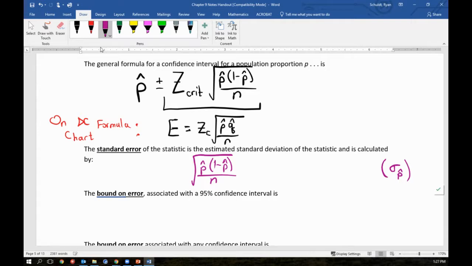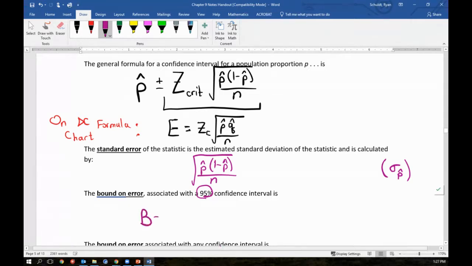Okay, now the bound on the error. The bound on the error is the standard error times your Z critical value. So it says they want us to do a 95% confidence interval first.